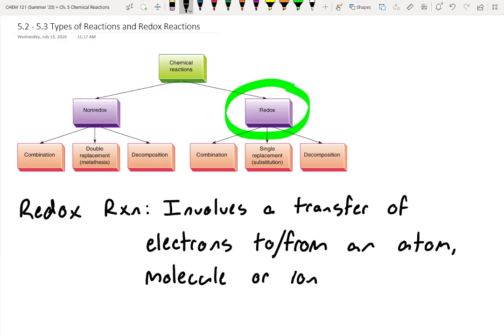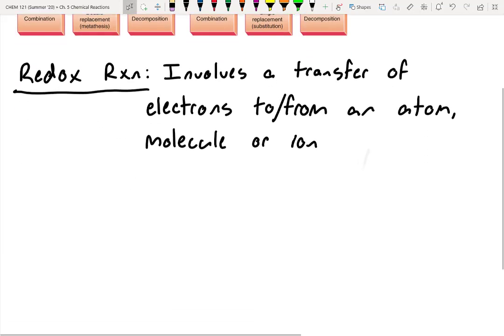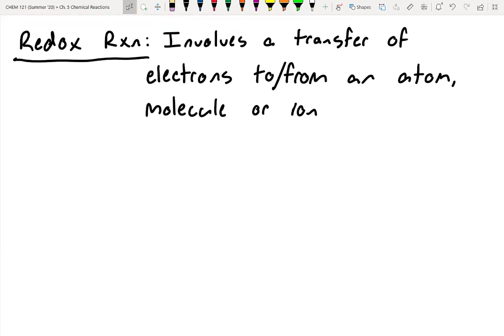All right. In your textbook, it talks a little bit about how redox reactions can involve moving oxygens and hydrogens around. I really hate that definition because it's not universally true. However, all redox reactions involve transfer of electrons. So that's the key point in a redox reaction.